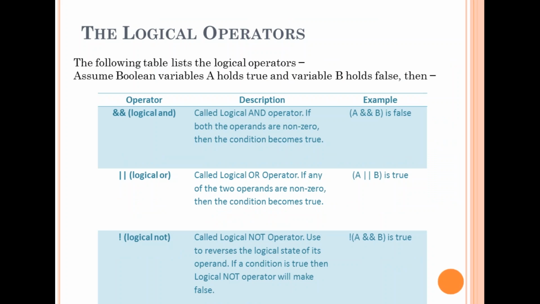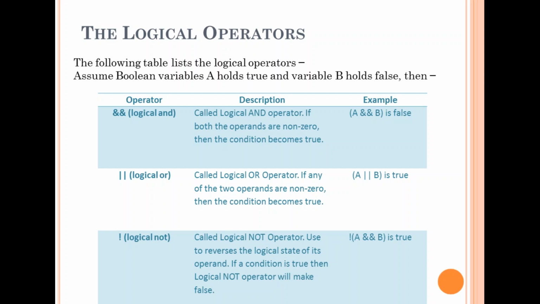The logical operators. The following table lists the logical operators. Assume Boolean variable A holds true and variable B holds false. Logical AND operator. If both the operands are non-zero, then the condition becomes true.